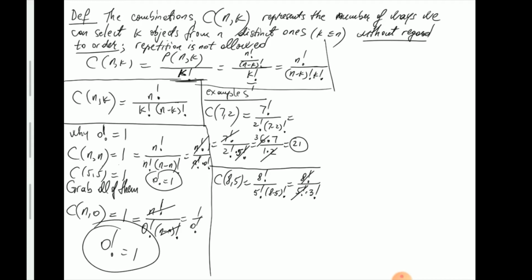Obviously, you combine 8 with 5, so you're left with 6 times 7 times 8 on the top, 1 times 2 times 3 on the bottom. Notice that 2 times 3 is 6, which can be crossed out with 6, and you're left with 7 times 8, which is 56.